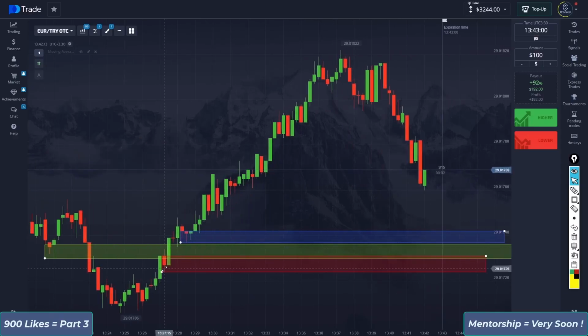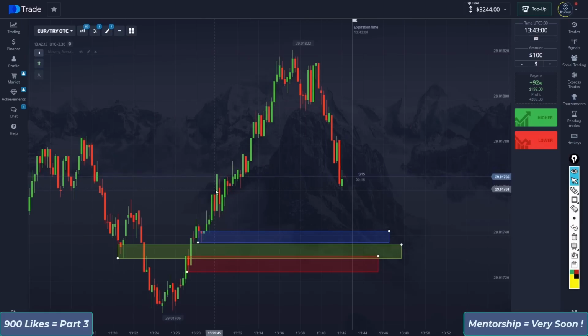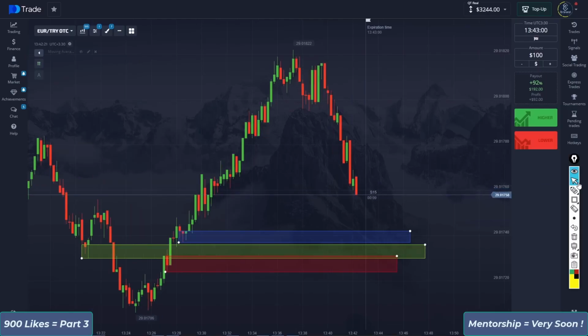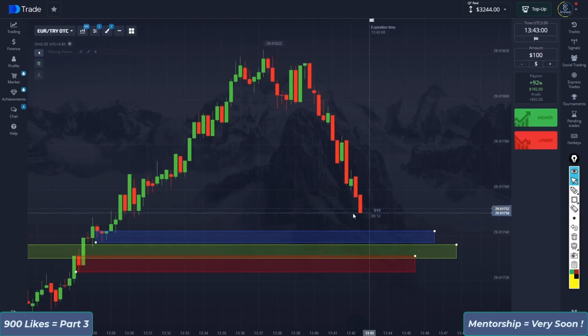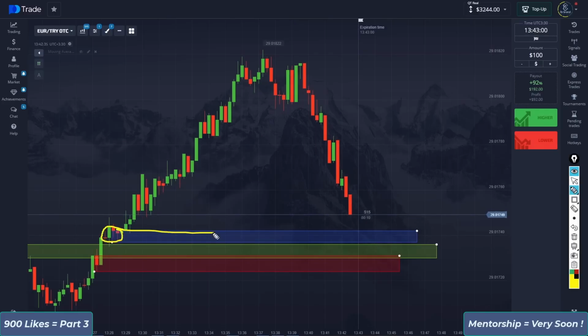So we find the entry at the lower time frame, we check the confirmation at the higher time frame, and now we're just going to wait for market to come down. Okay, let's wait. I will take a couple of trades for you, and this is another QM. You see that? You can check it for the confirmation. Oh, this is 15-second. So let's just wait for this one to come down. I know that it's going to react from this area first, but finally it will come down, okay?